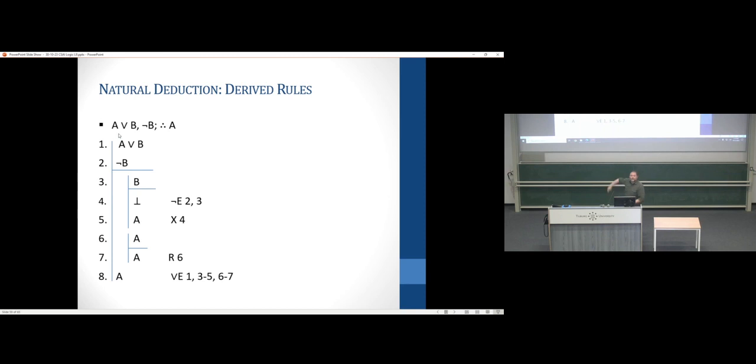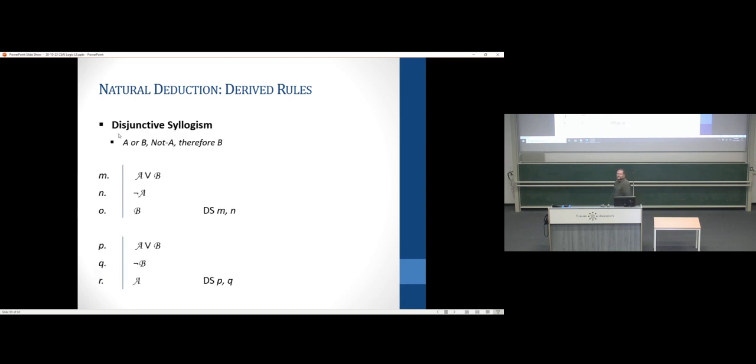Here's something really cool. This also gives you a derived rule. The derived rule is disjunctive syllogism. Here it is. If you have A or B, and you have not B or not A, then you know that the other option's true.